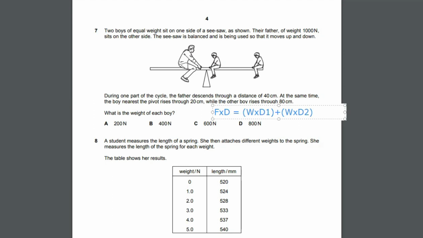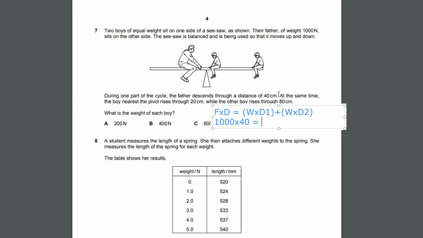So the moment of force due to the father will be equal to the moment of force due to these two boys added. So now next, we know the weight of the father is 1000. 1000 multiplied by the distance he moved, which was 40. So we will just multiply them. It will be equal to, now the weights of the boys are, the beam is balanced, that means these two boys have the same weight.